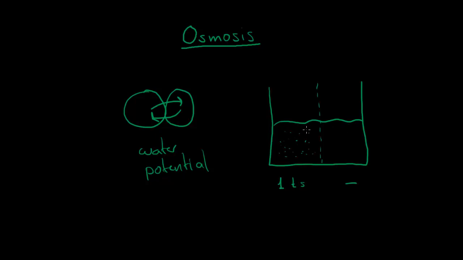In another way of phrasing it, imagine that in this side of the cup, water molecules will be needed in order to dissolve the sugar. So many water molecules inside here will be occupied. On the other side now, there is no sugar, so the water molecules will not be occupied.